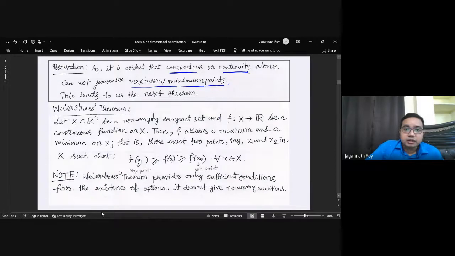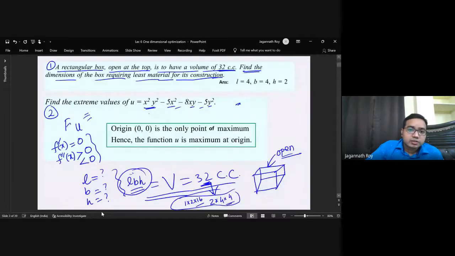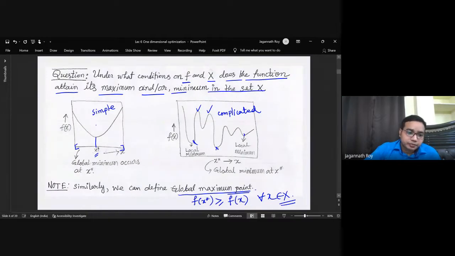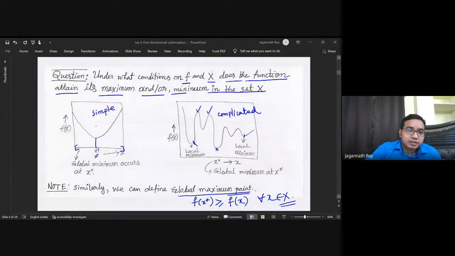Now, if you remember, in our school level mathematics, we do not think about compactness or continuity. Given a function, we directly differentiate and set it to 0, find the point, and then check it. But those techniques are not suitable here, because we have to verify the existence of a solution of an optimization problem.